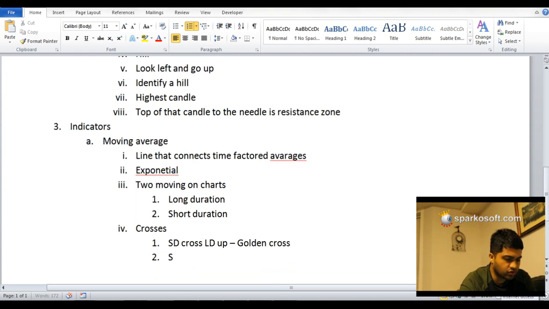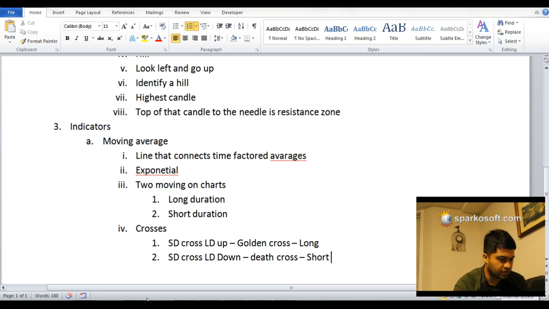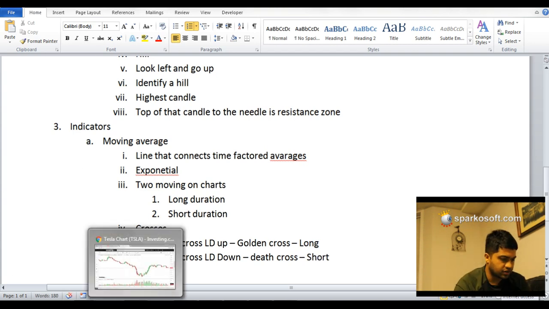If the short duration moving average is crossing the long duration moving average and going down, it's a death cross. We generally buy or go long at a golden cross and we go short at a death cross. So let's look at how it is done.